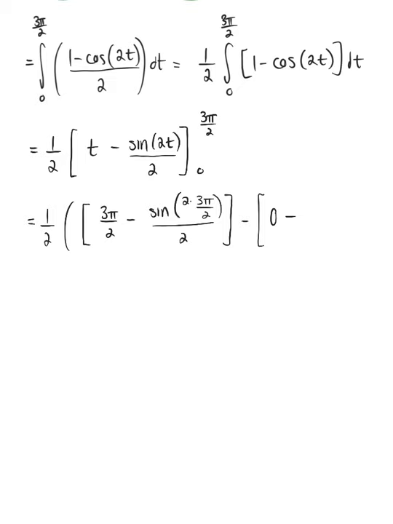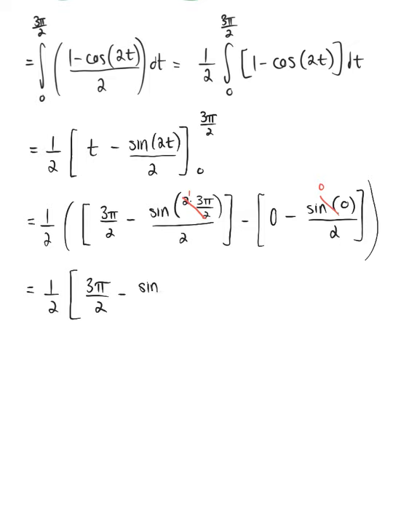So we have 0 minus sine of 2 times 0, which gives us 0, all over 2. And we can simplify. These 2's cancel each other right out, and we know that sine of 0 goes to 0. So we are left with 1/2 multiplied by (3π/2 minus sine of 3π all divided by 2).